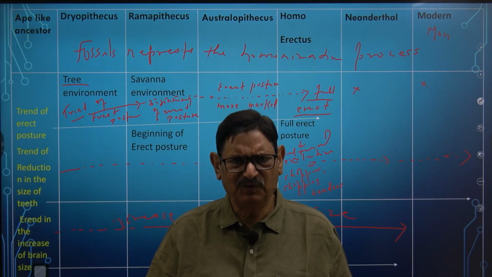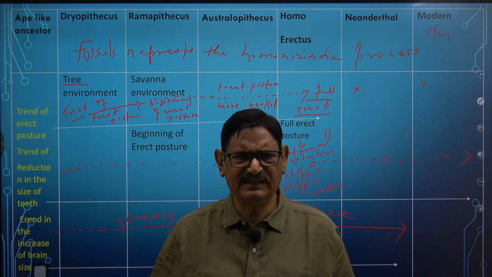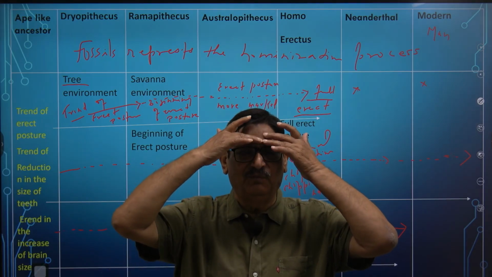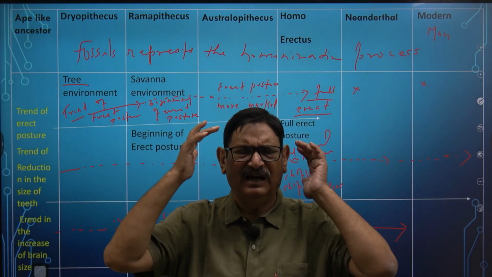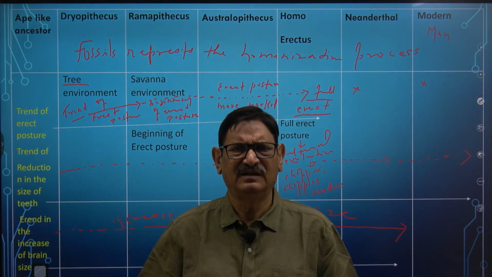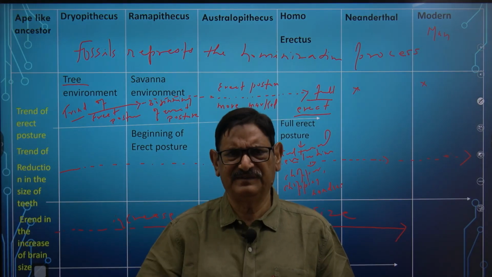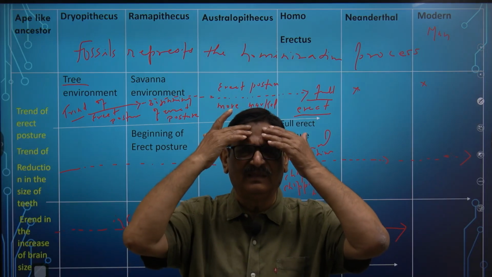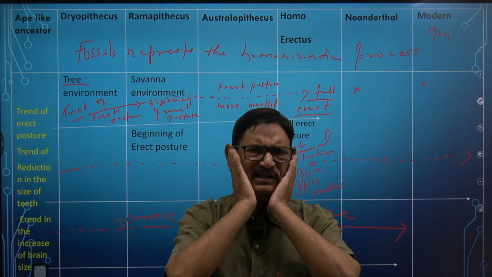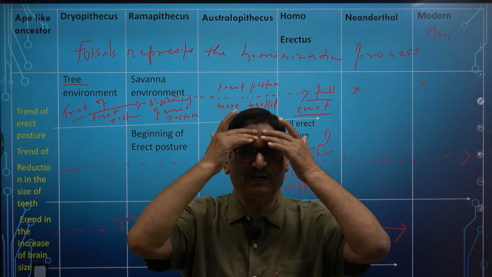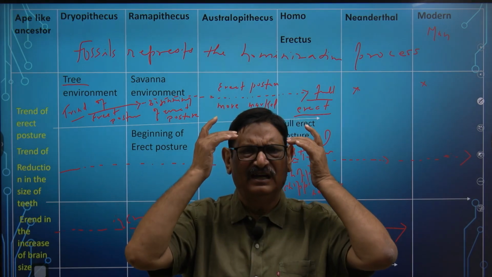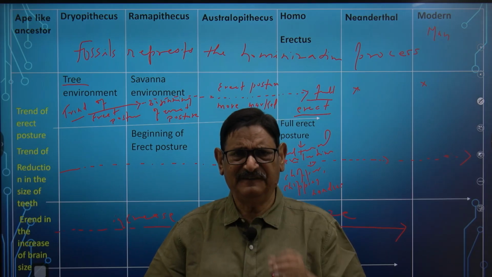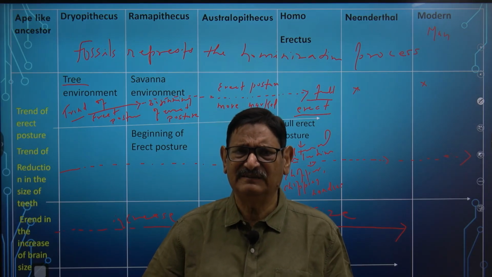The teeth of Homo erectus were larger than that of Neanderthal, and there were more developed supraorbital ridges, and these are features associated with the face. Homo erectus jaw was projected, but in modern man there was a rounding of face and the jaw became smaller. The other difference is regarding size of the brain.